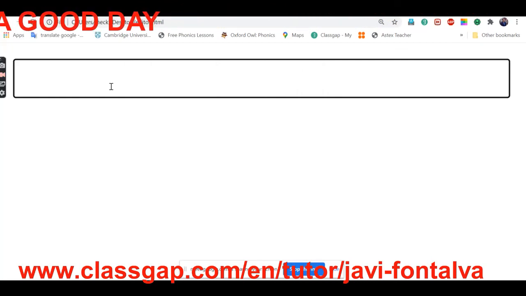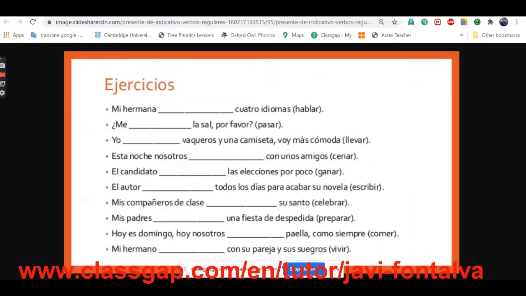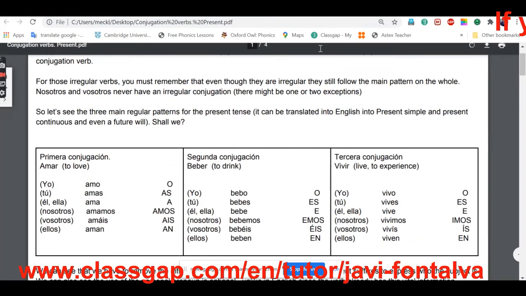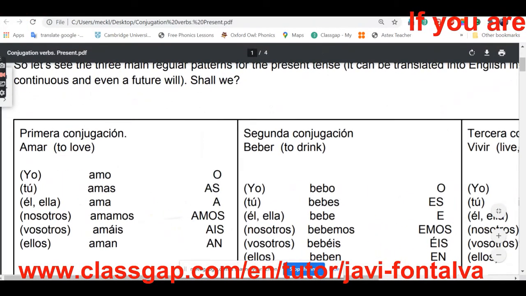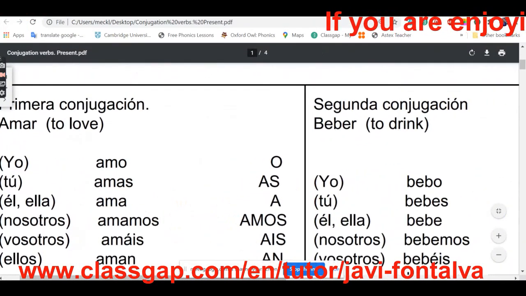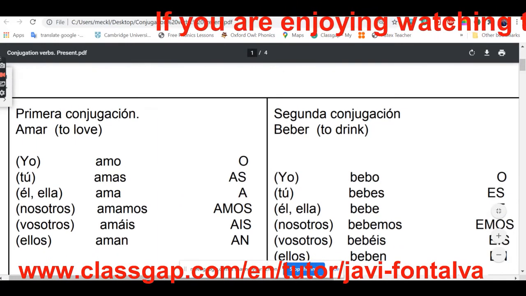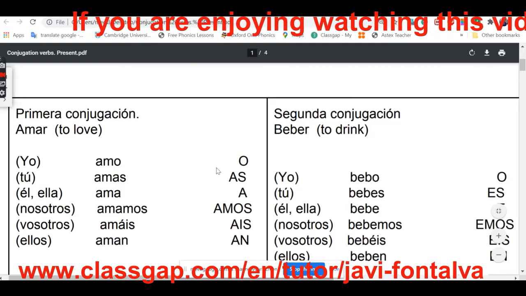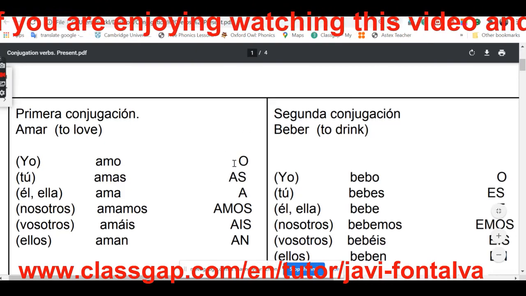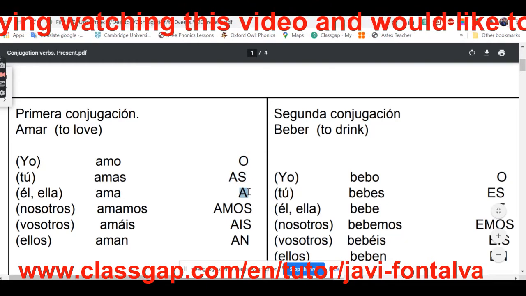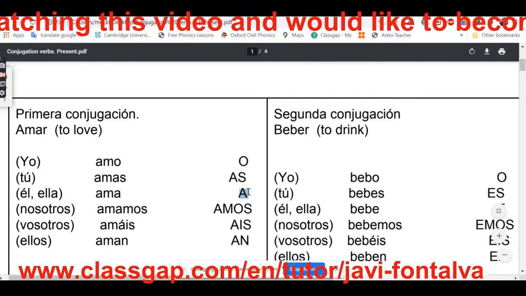Easy. Why am I talking about all this? Because what we're going to do is drop those last two letters, AR, ER, or IR, respectively, and add these suffixes. We're going to add O, AS, A, depending on the person.